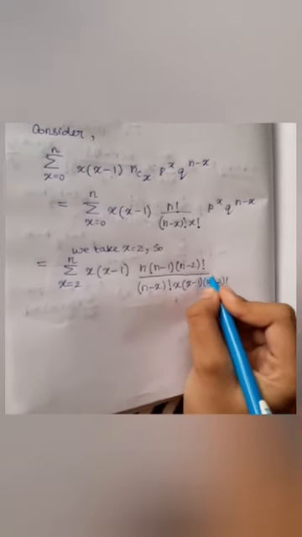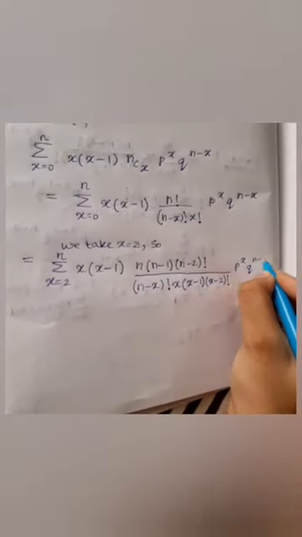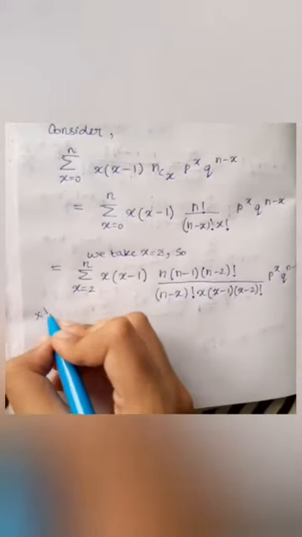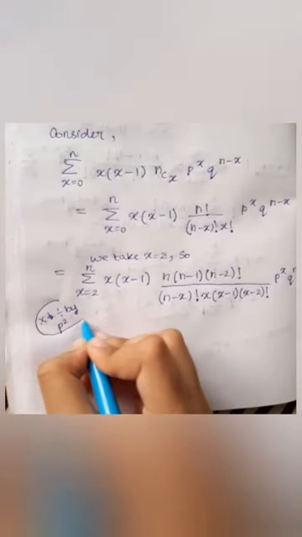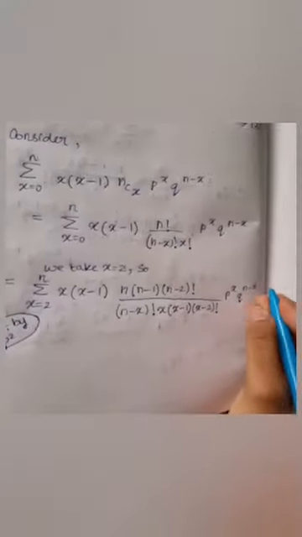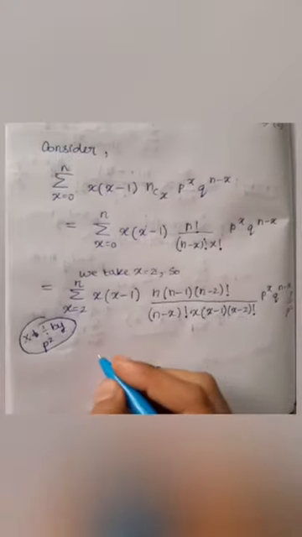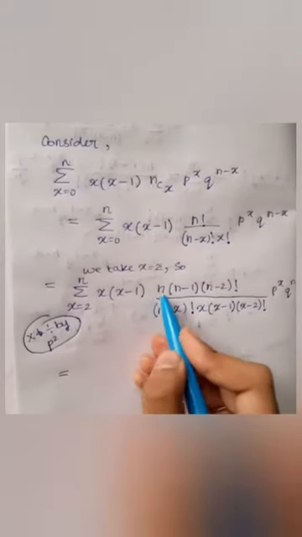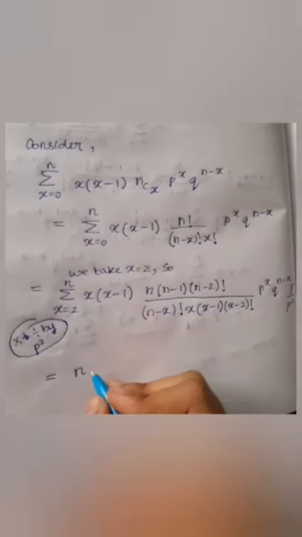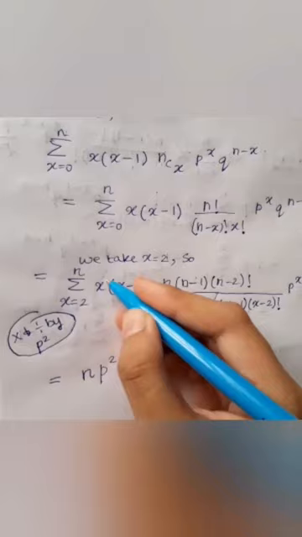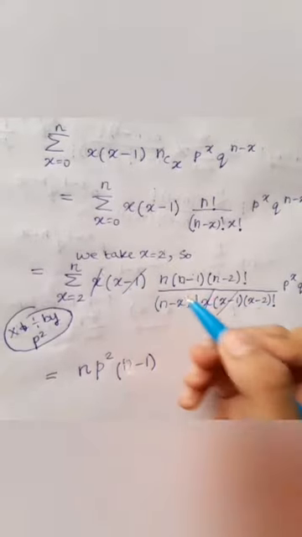Here x and x minus 1 cancel in the next step. And we are multiplying and dividing by p square, so that p square divided by p square. Then we take p square in front. Here x gets cancelled, and x minus 1 and x minus 1 get cancelled.